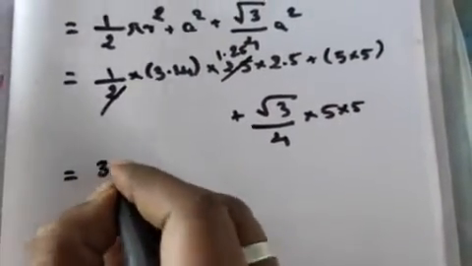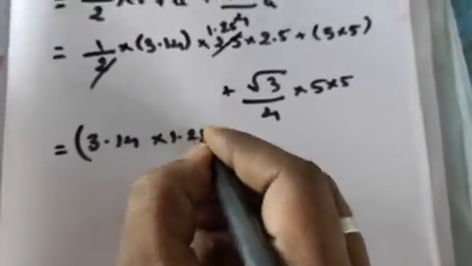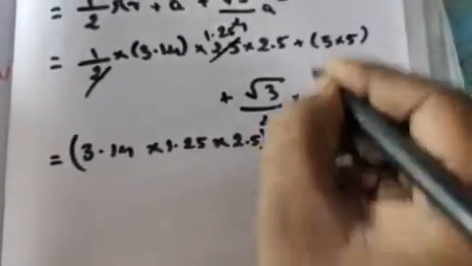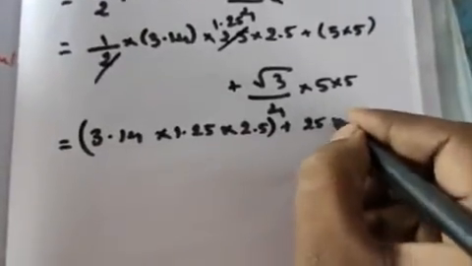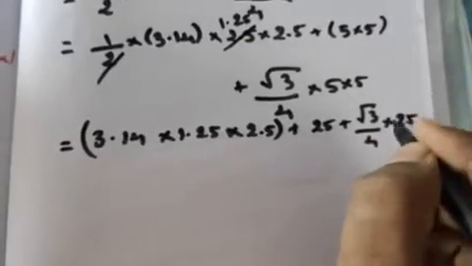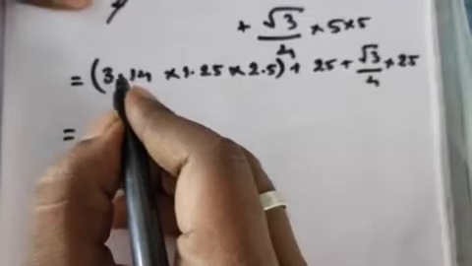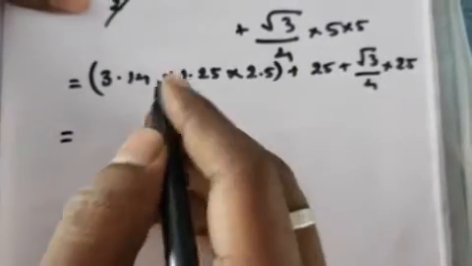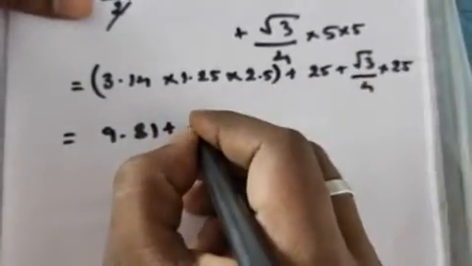3.14 into 1.25 into 2.5 plus 5 fives are 25, plus root 3 by 4 into 25. Now multiply 3.14 into 1.25 into 2.5, we will get 9.81, plus 25 will not be changed.